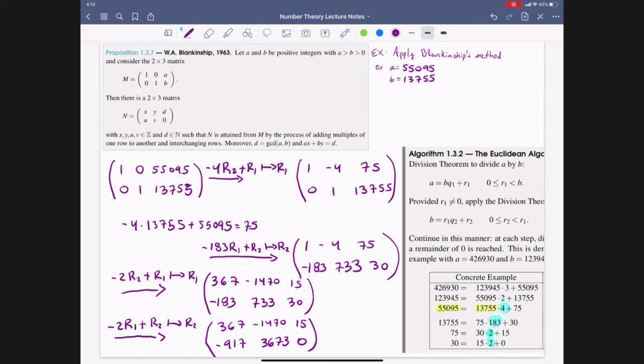And now Blankinship's method tells us that the x and y that we are looking for are 367 and negative 1470. And so what we have is that if we do a times 367 plus b, which is 13,755, times negative 1470, this here is in fact equal to 15. And so you can now go ahead and verify that computation, and we have now applied Blankinship's method.